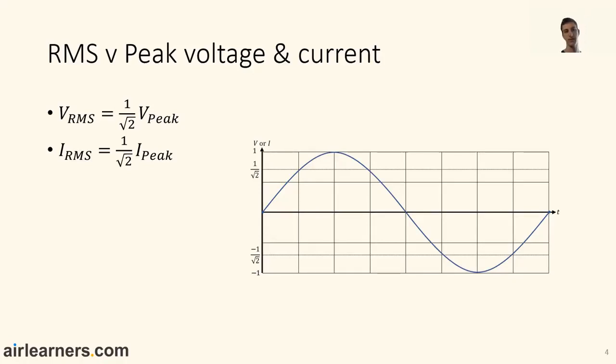What we can see from this graph is that there's a peak voltage and peak current. As we move along through time, that flips direction, and then it keeps flipping back. So this sine wave would go on and on forever. And that is the peak to peak voltage or current.